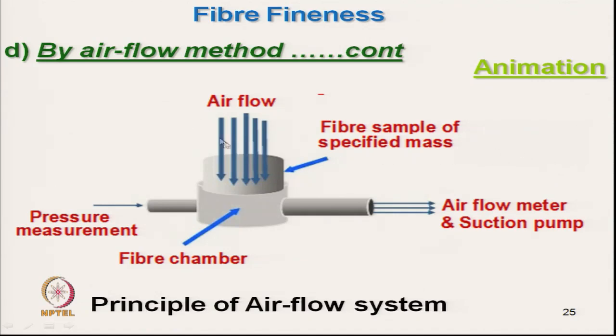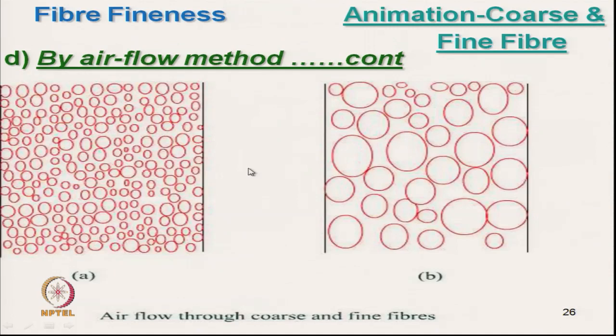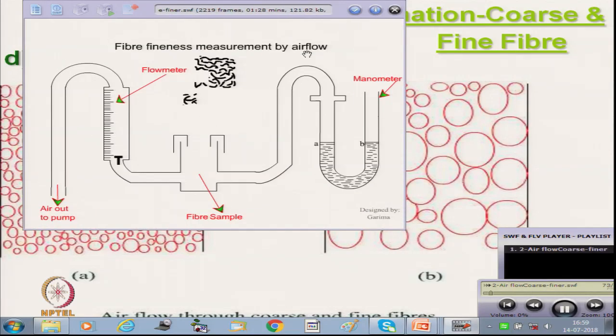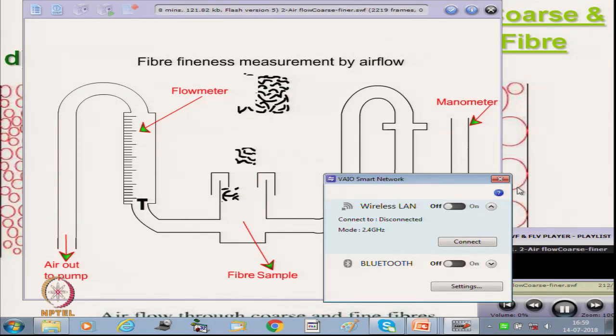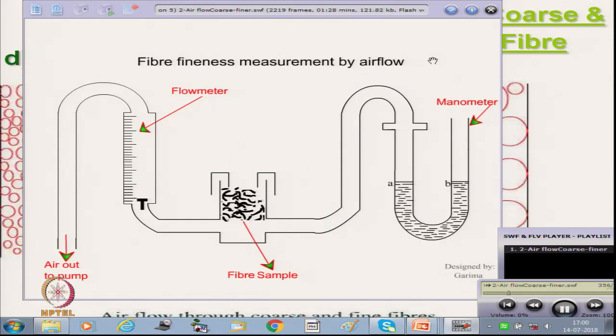Now, so this is the air flow method. Now, we try to see if we change the micronaire value here. This is for finer micronaire and this one is for coarser value. This is for coarser fiber, we are packing it. This process is exactly the same as we have seen earlier.